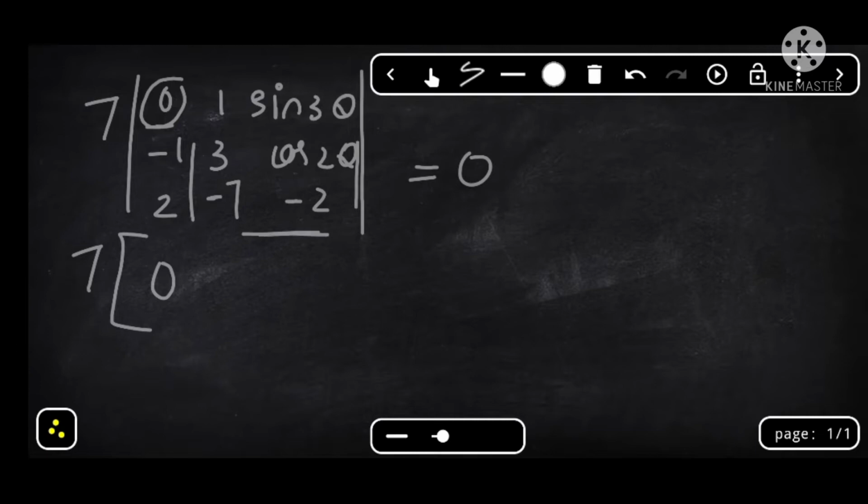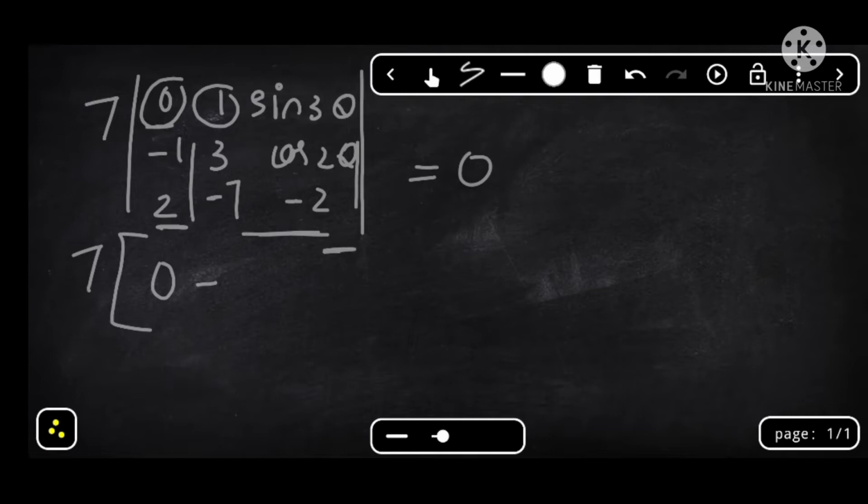Okay, so 0, then what will be the next sign? Minus. I have already said it, right? So minus, now take 1. Okay, so if we take 1, what will be the determinant? It will be the first column as well as this column, right?